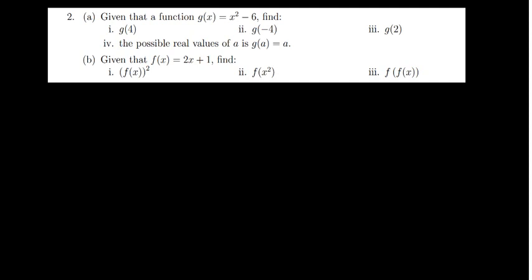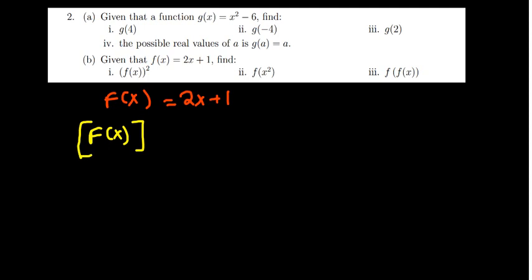And then B, f of x is equal to 2x plus 1. Find f of x squared. I think it's just about understanding the language that has been used now in this case. So what it means when you say f of x, and for me I like using parentheses for that, or different brackets actually, the square brackets, I call them square brackets, squared.